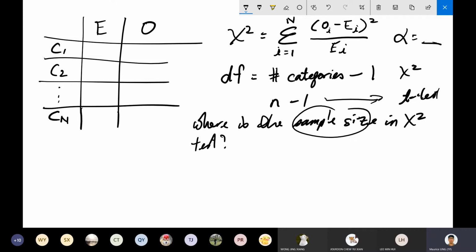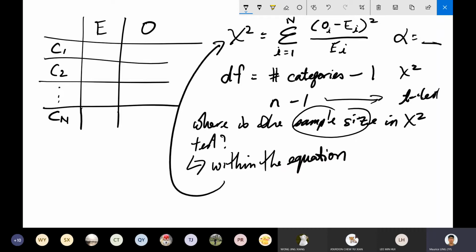But what I'm going to tell you is it is actually not missing, it's actually within the equation itself. That means the sample size is actually packed into this equation, just that you do not realize it. And it kind of simplifies until you do not see it anymore.